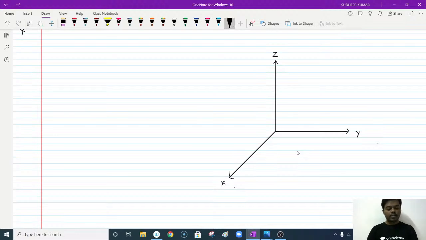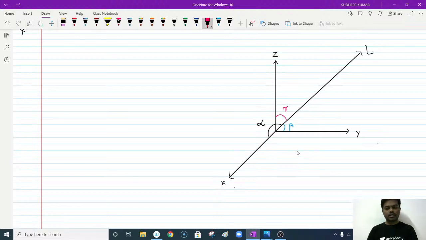Let us draw a line, suppose it is L. The other side also extends along with that, no? So it makes angle alpha with the x-axis, beta with the y-axis, and gamma with the z-axis.